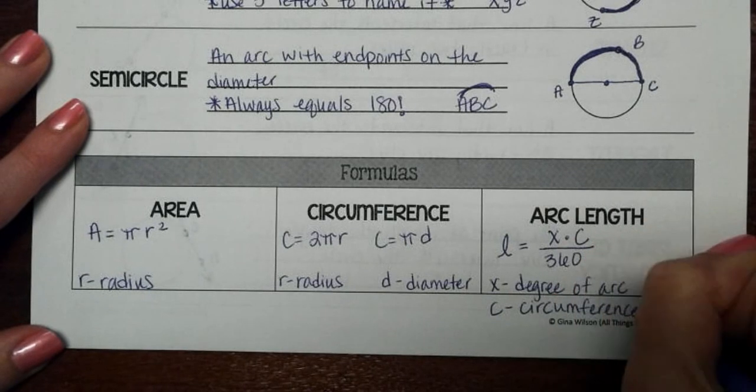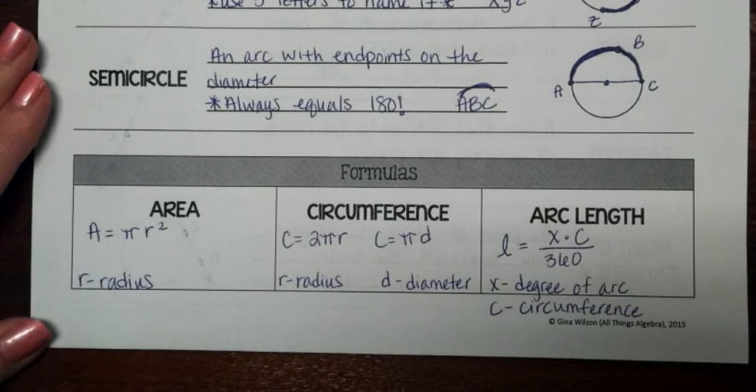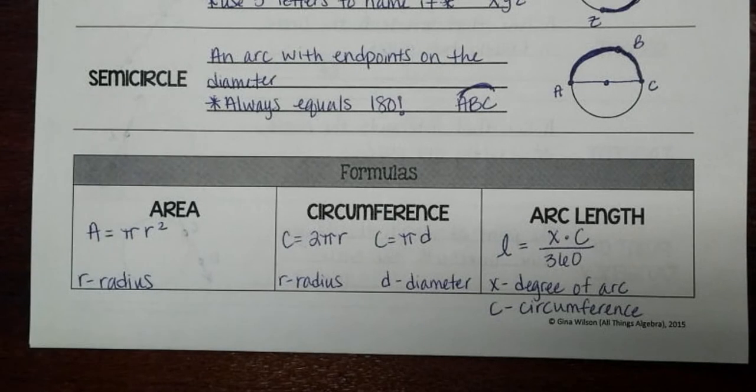We're going to talk about this formula later. We're going to use this formula quite a bit, and it's really not too bad. Okay, give you a few minutes to write all of that down. Make sure you have it written. Okay, go on to the next page.